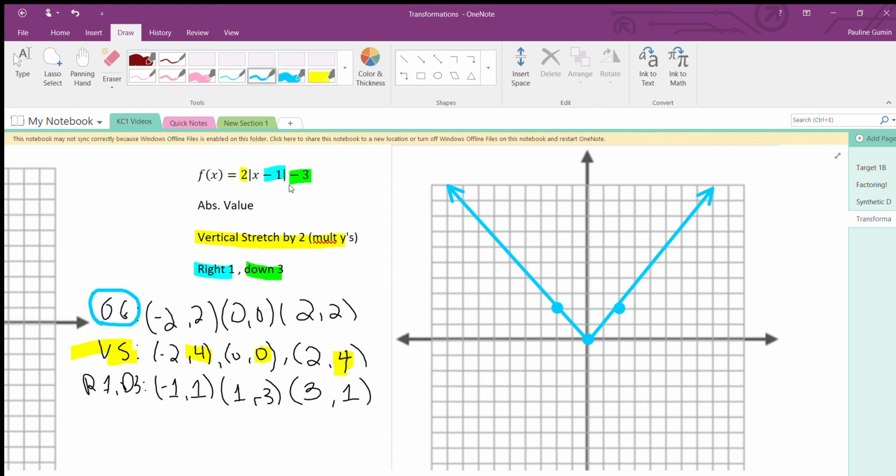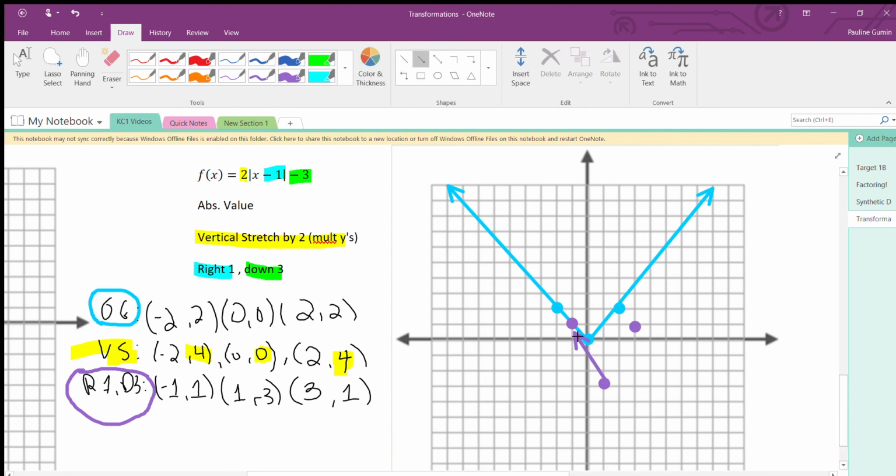And let's do our transformed one in purple, because that's what I guess I feel like right now. All right, -1, 1. 1, -3. And 3, +1. Okay.